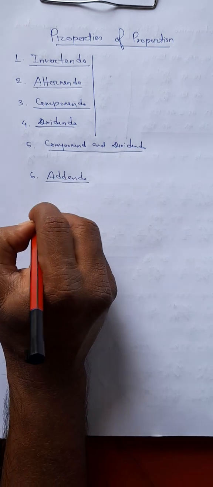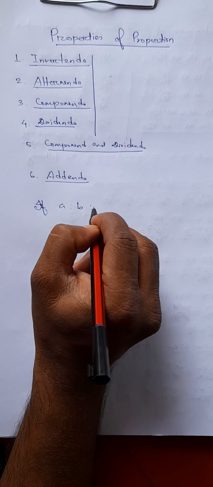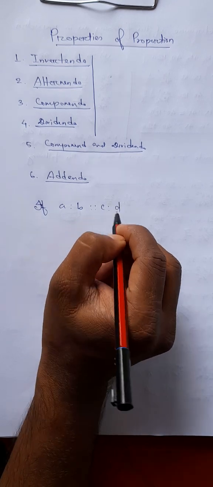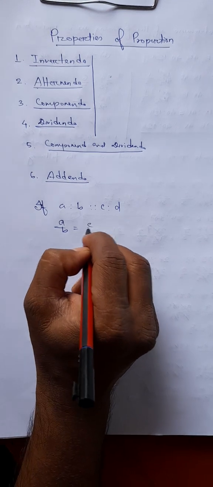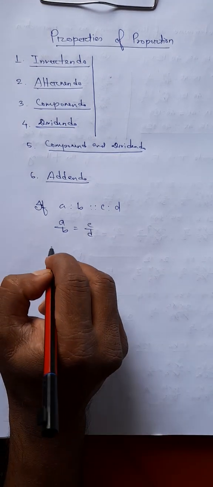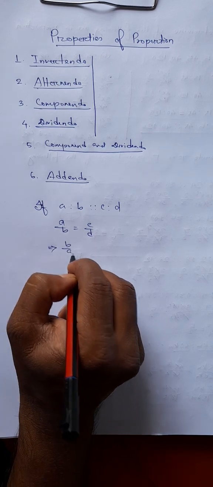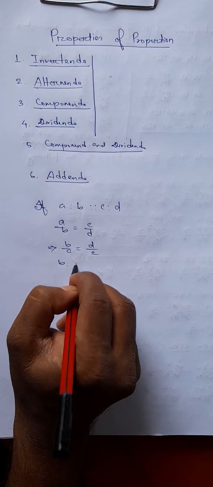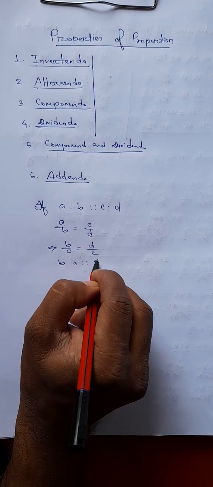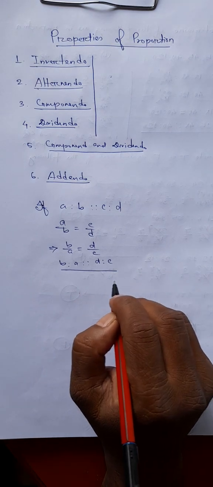Now if A is to B proportional to C is to D, that means A by B equal to C by D. Now we can invert this: B by A equal to D by C, or B is to A proportional to D is to C. This property is called invertendo.